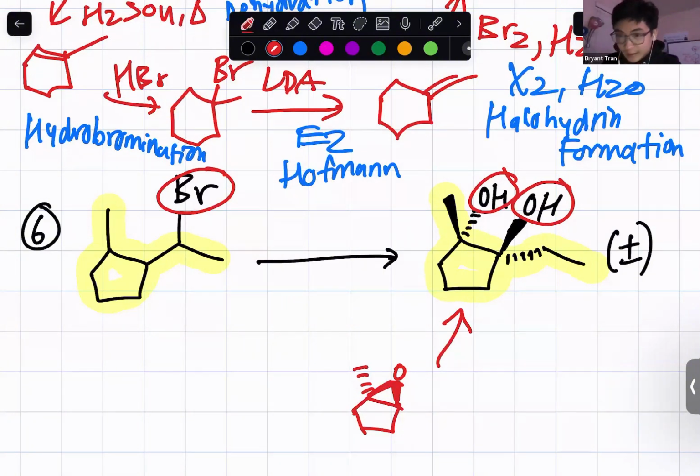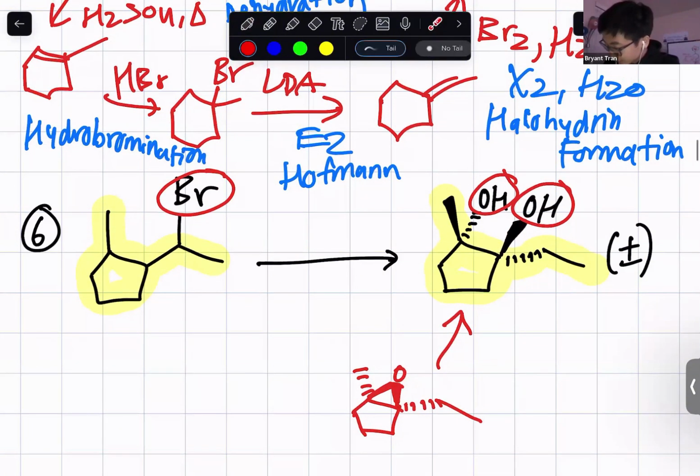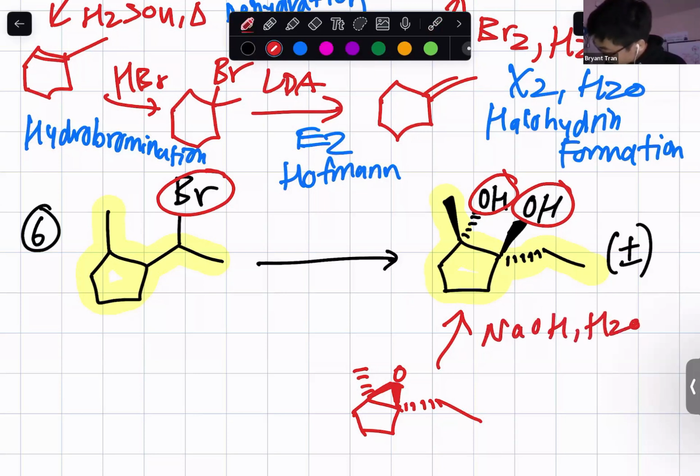And the way that I'm drawing it here is going to be like this, where you notice how this wedge OH here is that wedge oxygen right there. If I want to maintain this stereochemistry right here, then I have to attack the, wait, actually here it doesn't matter because they're both equally substituted. So you could use NaOH and water or H2SO4 and water.